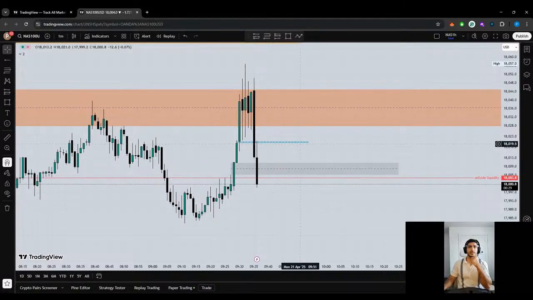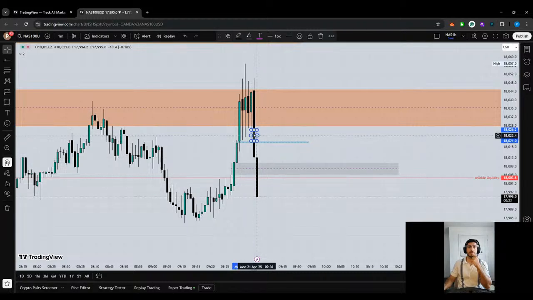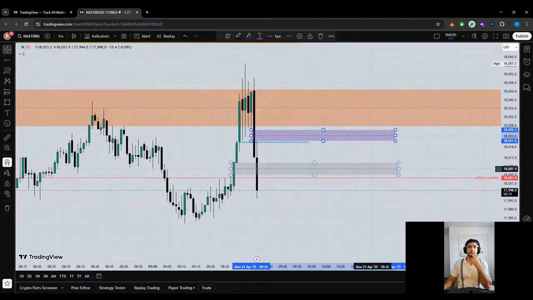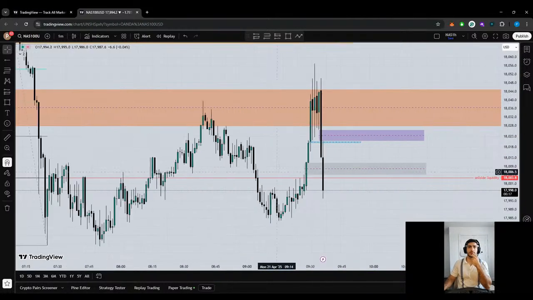So we have our first presented fair value gap right here, just formed. Let's make that one in purple unless this candle reverses. But that's the first presented fair value gap.